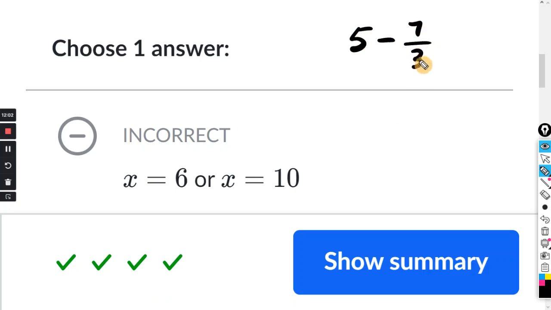Okay, the denominator here is 3, so you need to make this into a fraction with 3 as a denominator. 5 times 3 is 15. So 5 is the same as 15 over 3. And then you can do minus 7/3. All right, 15 minus 7 is 8, and that's divided by 3.